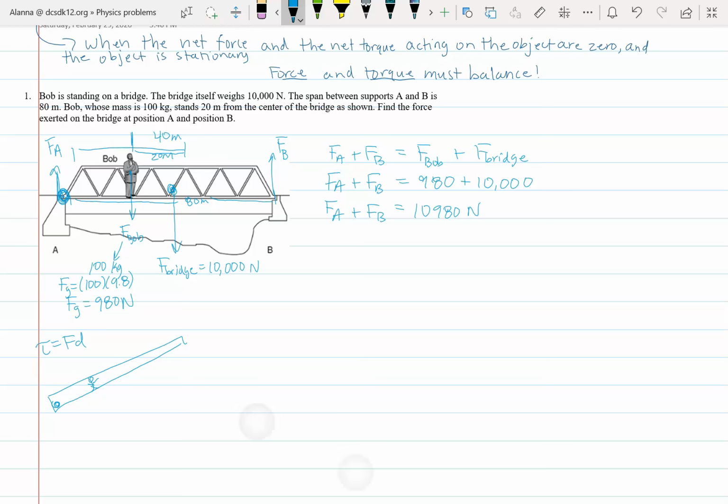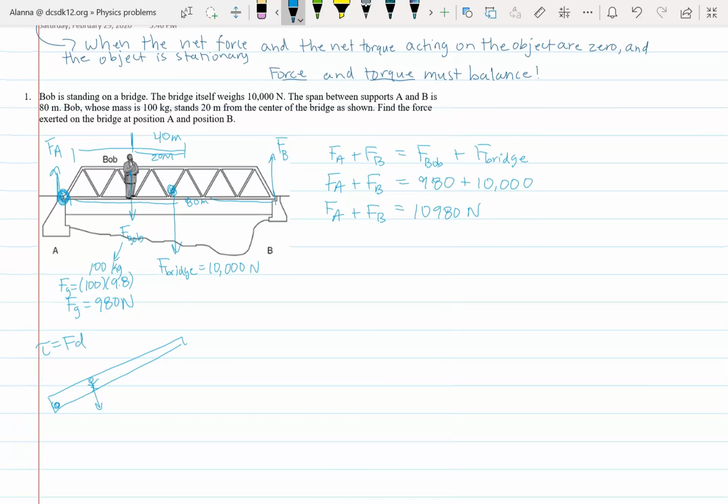So first, we know that Bob is going to cause a clockwise torque, and he's going to exert a torque that we'll call tau Bob, and the bridge, which is that way, is also going to exert a clockwise torque, and we'll call that tau bridge. And then the support from B is also going to exert a torque, but that torque is counterclockwise.